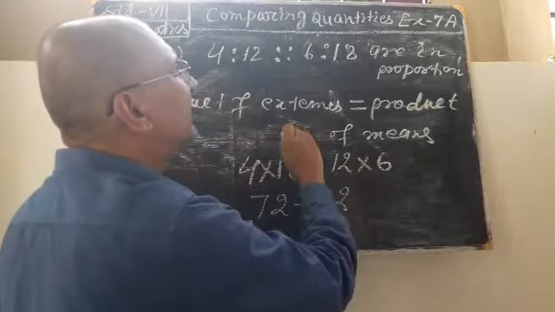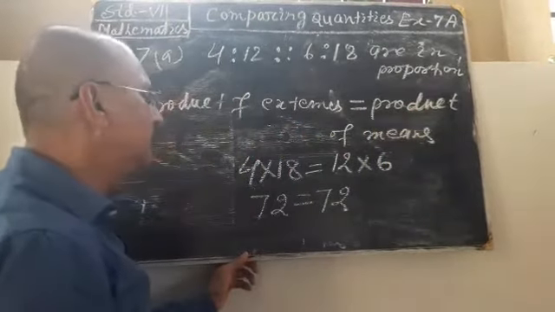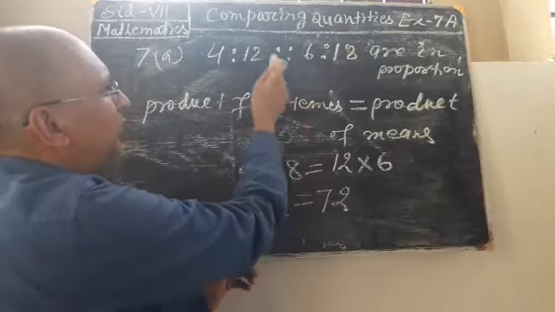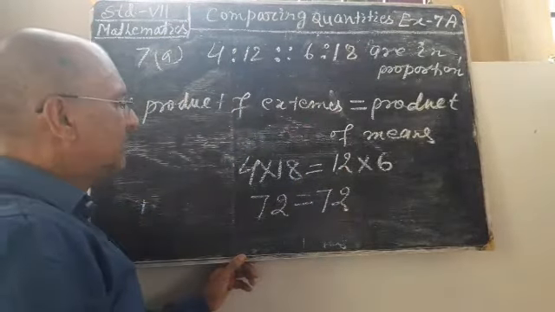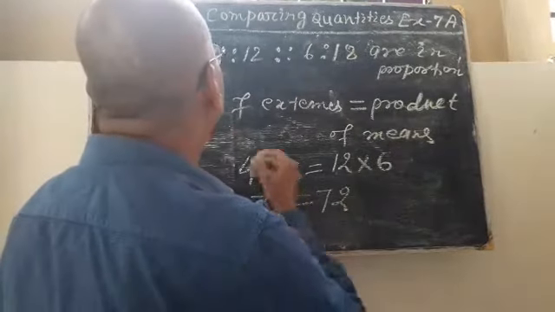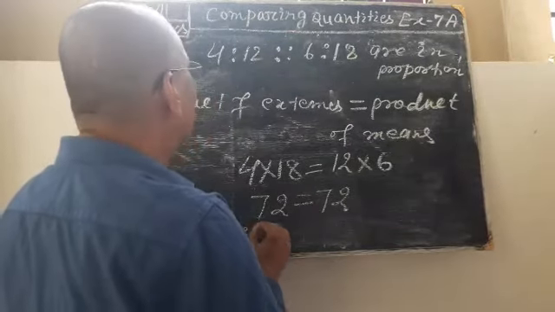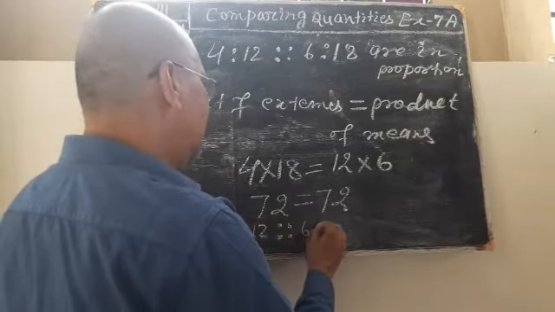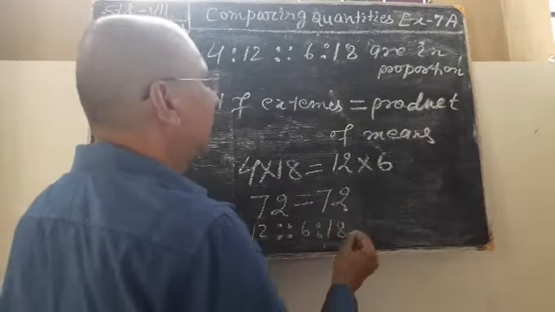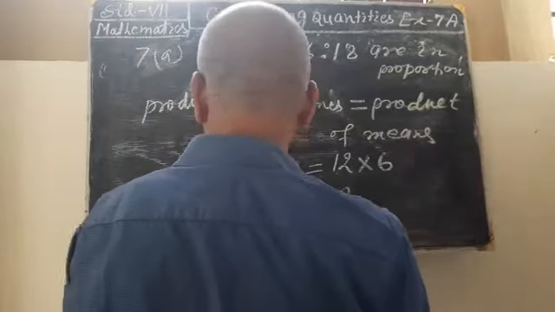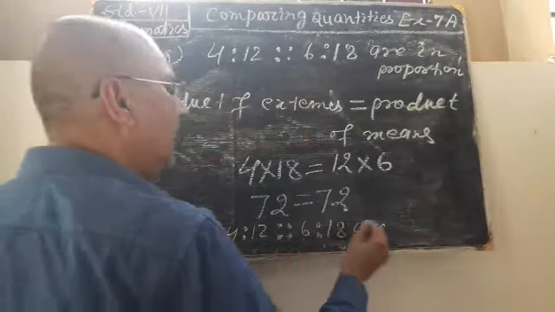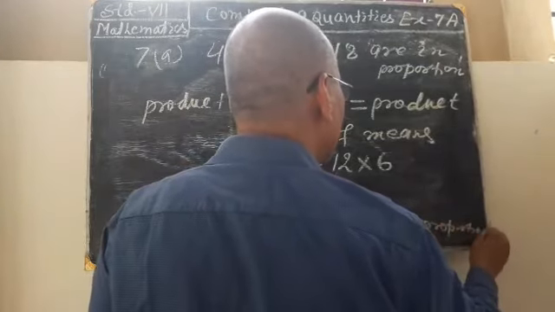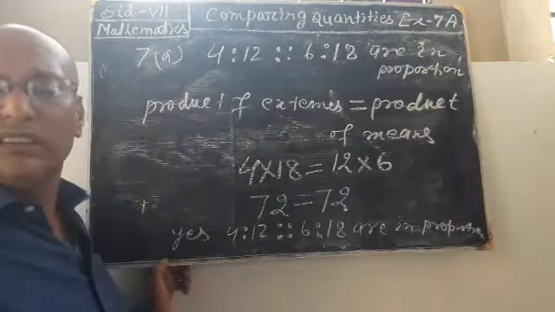Product of extremes is equal to product of means. 72 is equal to 72. That is why 4 is to 12, double is to 6 is to 18 are, yes, in proportion.